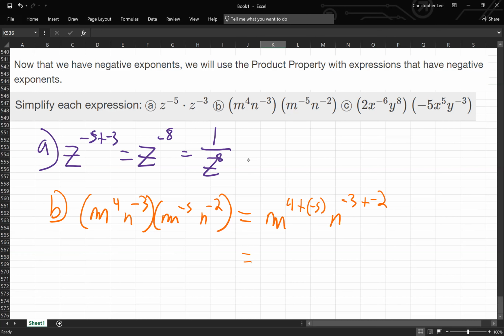Do the math on that. This becomes m to negative 1, n to the negative 5, right? Just adding. But it's illegal for me to have negative exponents. So what does this become? 1 over m n to the fifth power. Questions on that? Good.